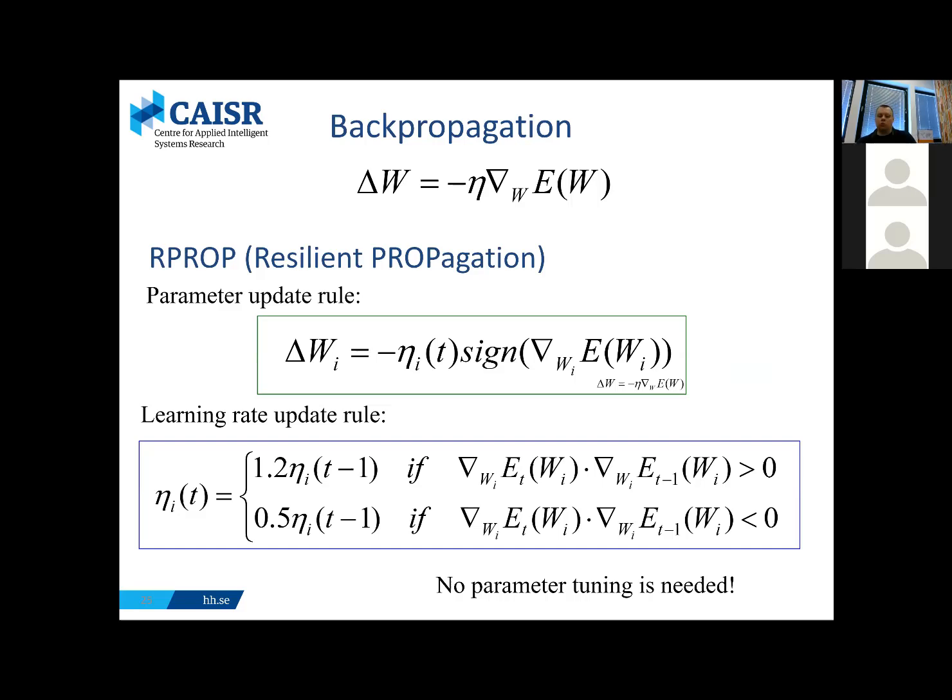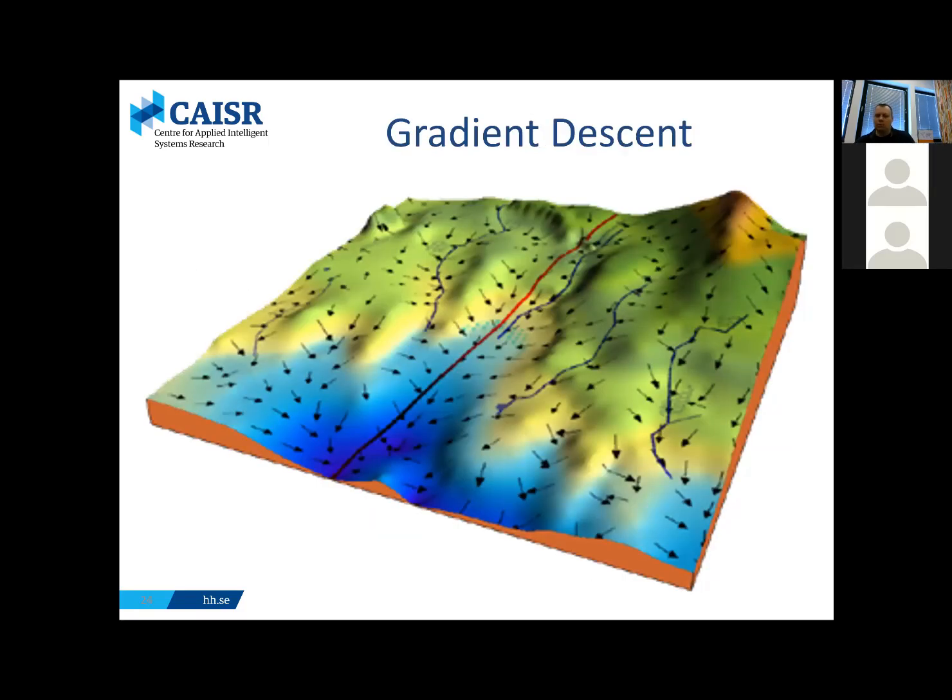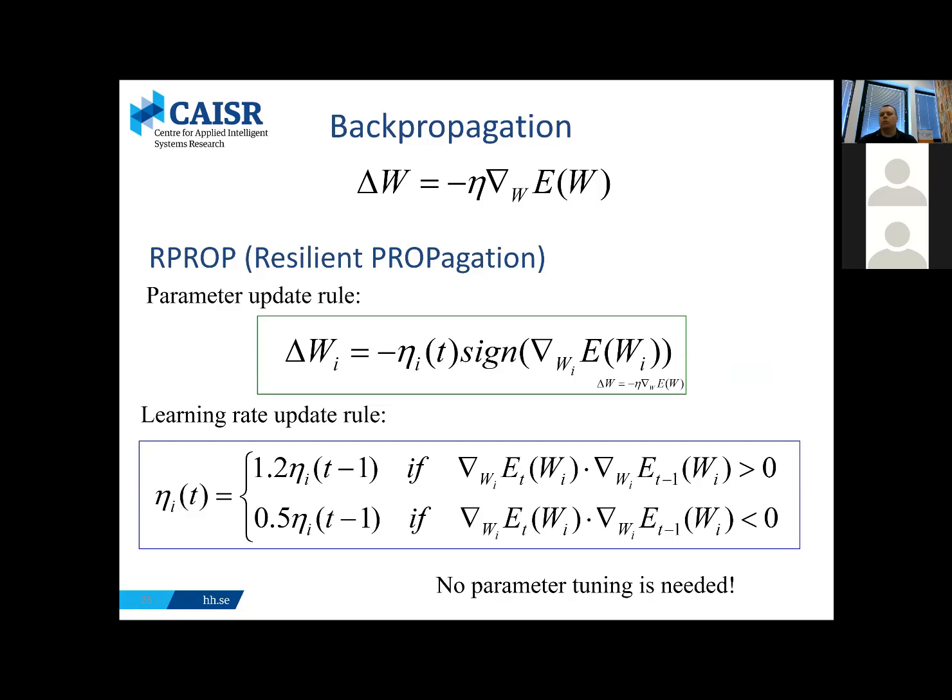Yeah. So again, the original idea behind training neural networks was this simple gradient descent, but there are more clever ways of doing it. One example is resilient propagation, where you actually modify the learning rate depending on how your training is going.